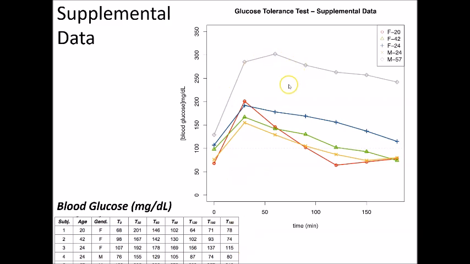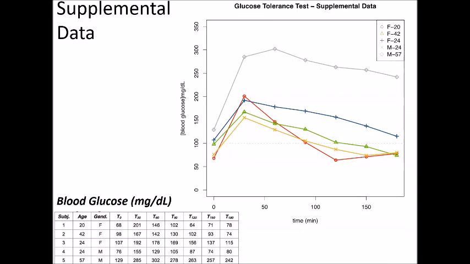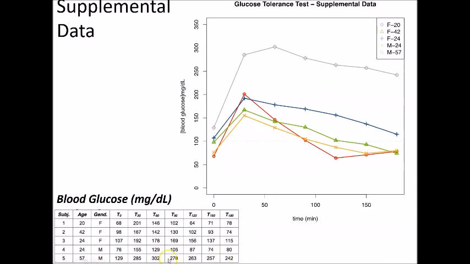All these data are from subjects in lab, except for the top one, that one up here that is in gray. That's subject number 5, which I'll move down a little bit so you can see it there. Subject number 5 has diabetes. This is not a subject in lab. I got this data off the internet, and it's not somebody who was in lab, but all the other data are.